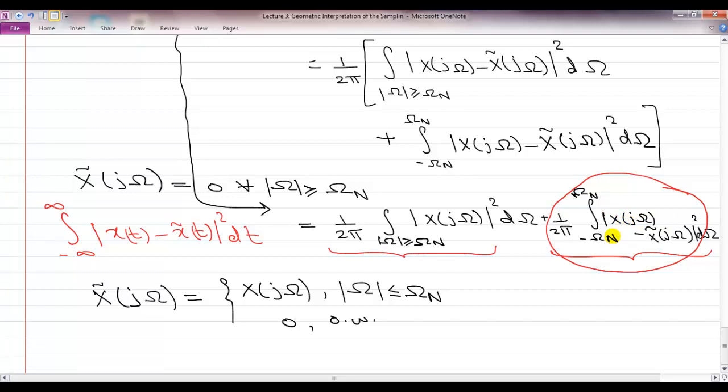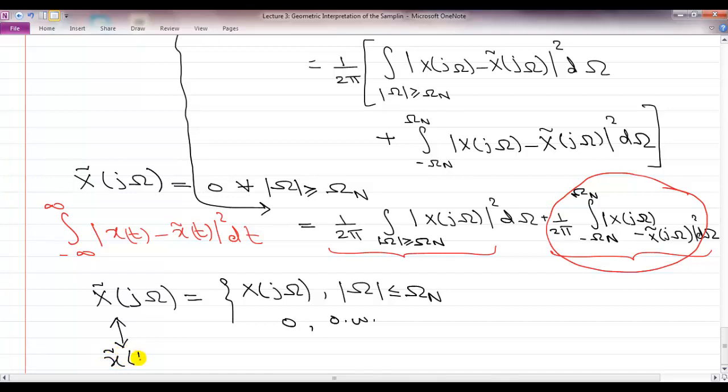And I cannot make this integration any smaller. So the best approximation is the inverse Fourier transform of this thing. What is the inverse Fourier transform of this?